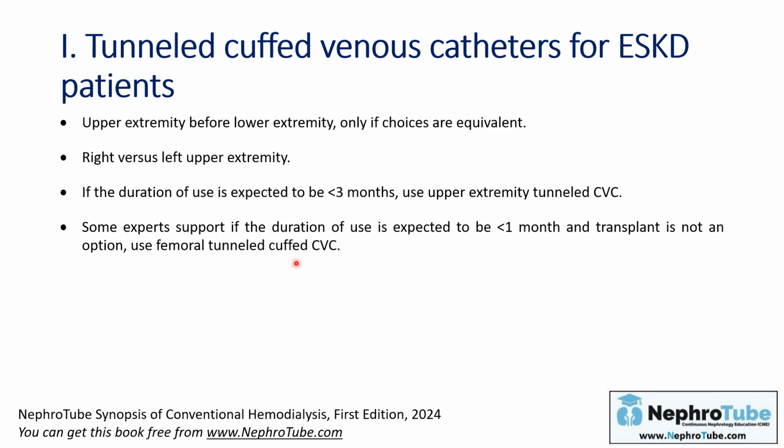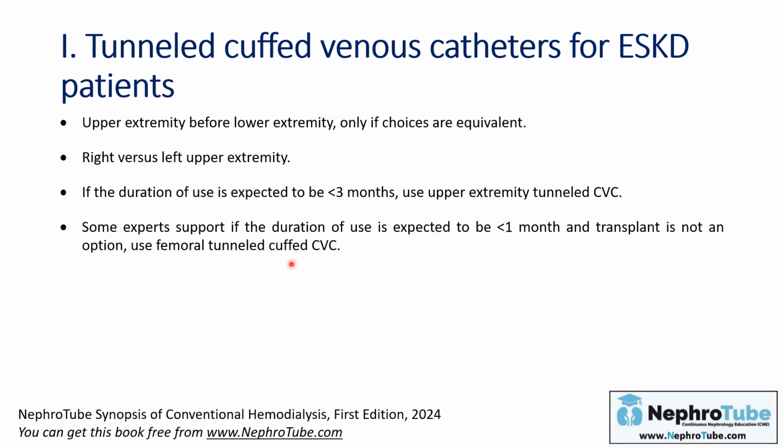Some experts support that if the duration of the catheter use is expected to be less than 1 month and transplantation is not an option, they suggest using a femoral tunneled catheter to save the upper extremity for the creation of AV access. But for sure, femoral vein catheters have a lot of complications and also contraindications.